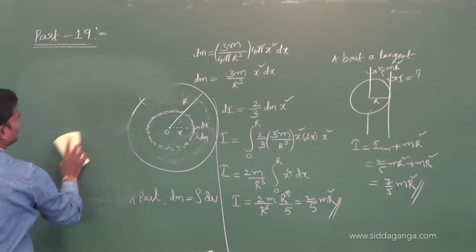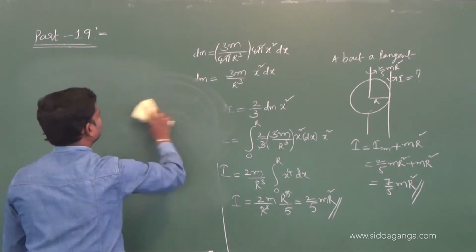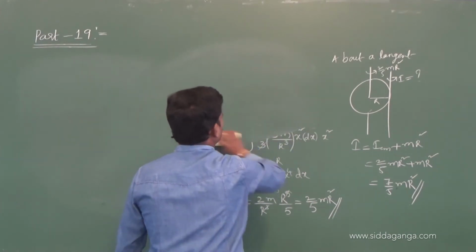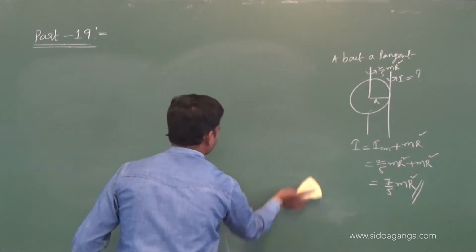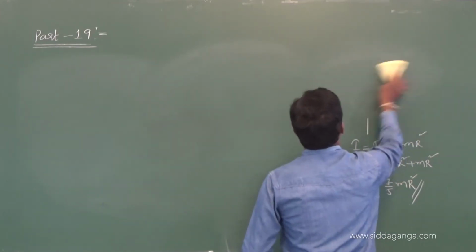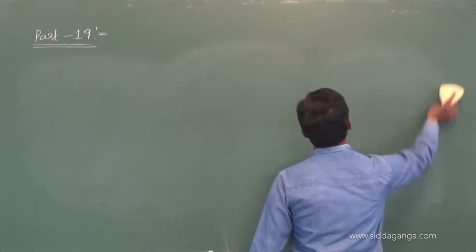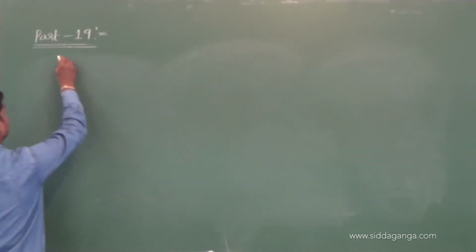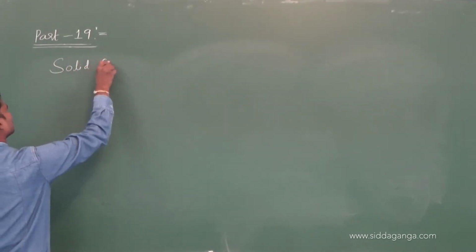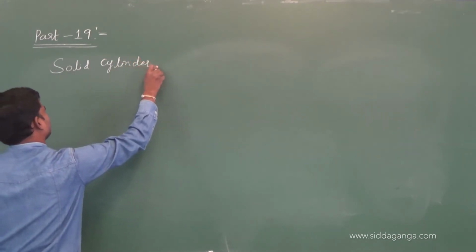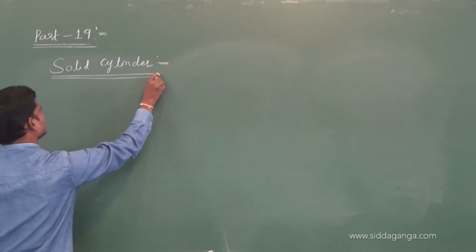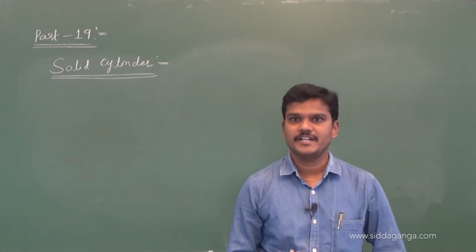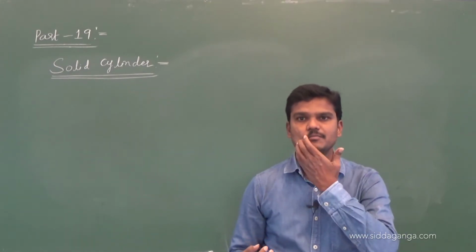Moment of inertia of a solid cylinder. The given solid cylinder has mass m, length L, radius r.